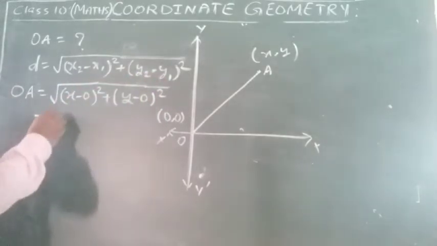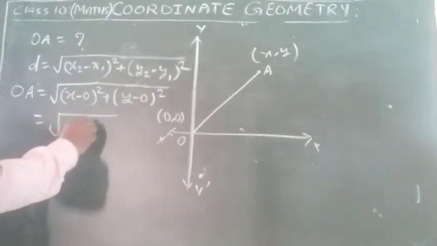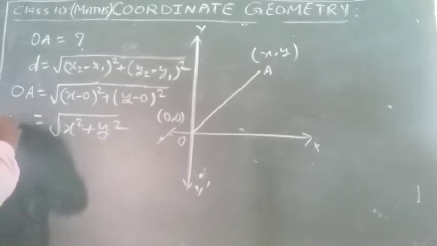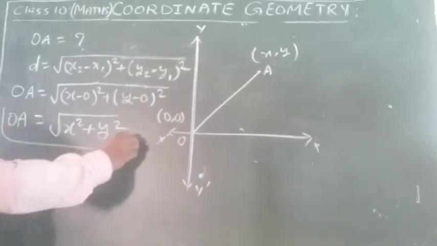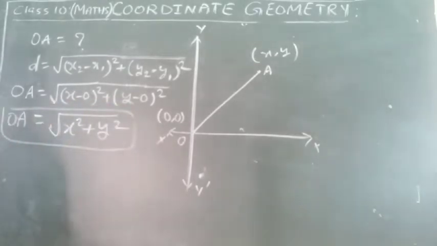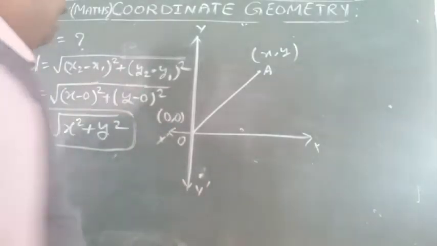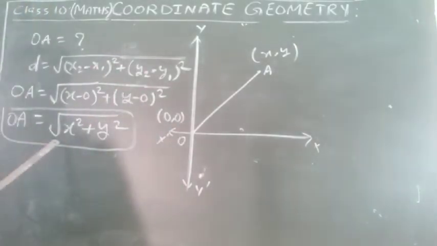So OA equals under root of x square plus y square. Confirm, no problem.